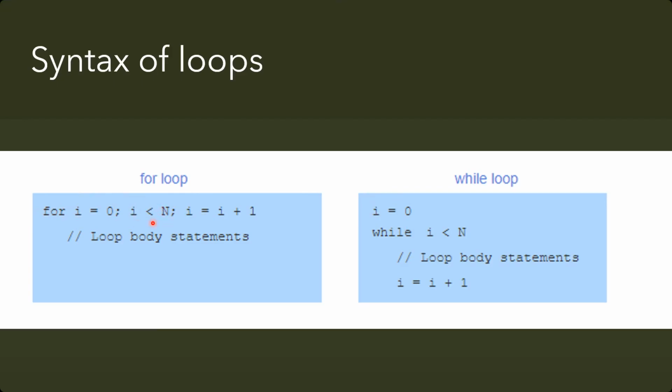While i is less than n, it's going to keep iterating. Here's our counter, might be called an iterator. We need it, or else we're going to end up with an infinite loop. And then here's our loop body. So all the same components are going to be expected there. With a while loop, we might have a sentinel value. So that's something to keep in mind as well. Probably not as important.